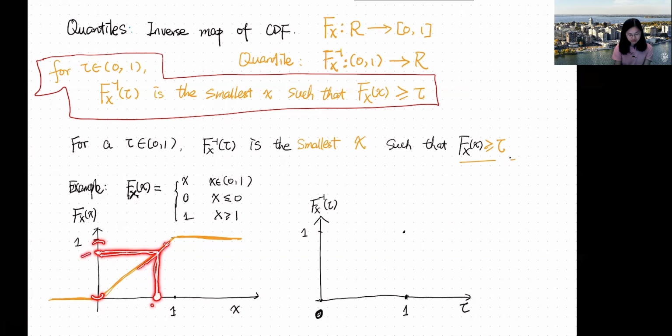So suppose this is tau, then this should equal tau, because that line is the 45-degree line.